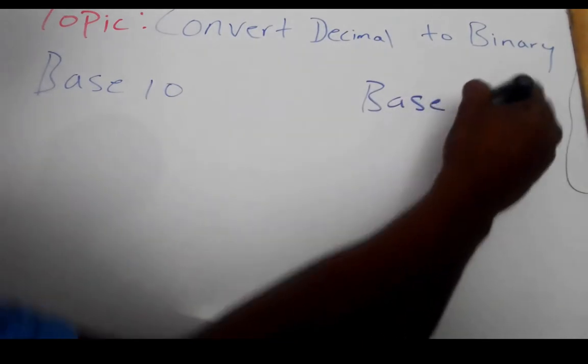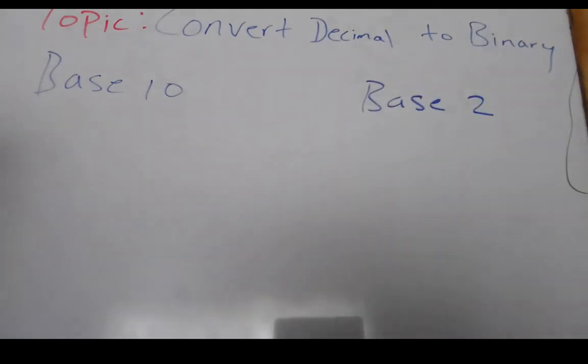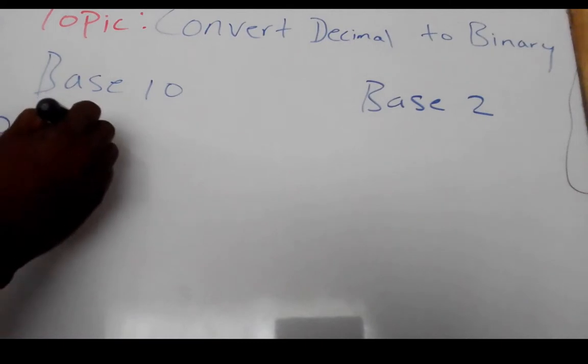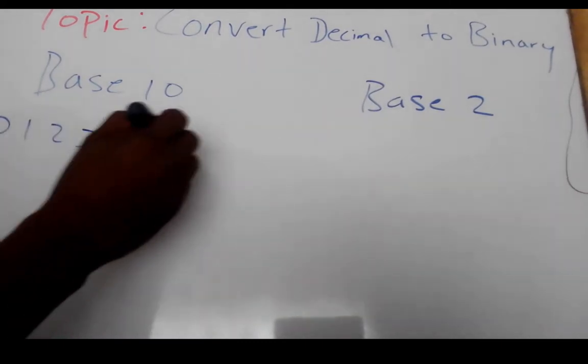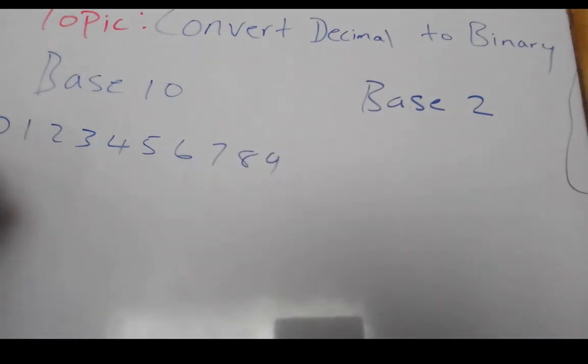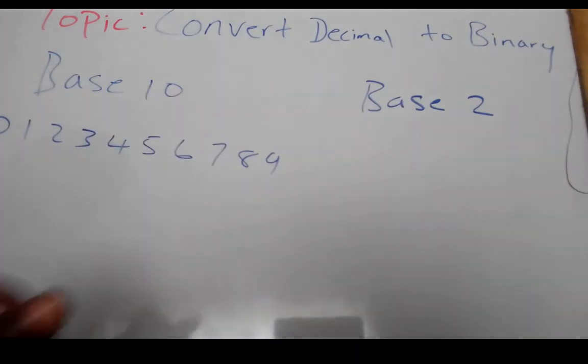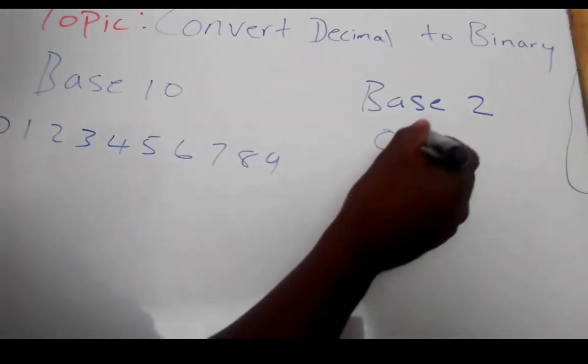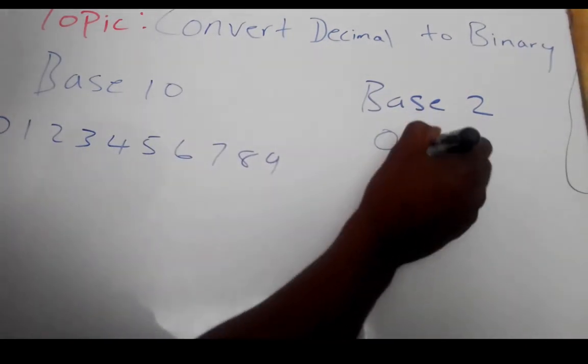Base 10 numbers are 0, 1, 2, 3, 4, 5, 6, 7, 8, 9. So we have 10 digits, right? And for base 2, we have only 2 digits, which are 0 and 1.